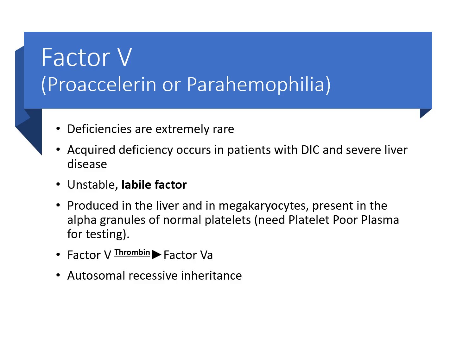And this is why we need platelet-poor plasma for testing, because we want to eliminate those platelet factors and just test the performance of the in vitro reagents compared to the factors that are present in just the plasma, not in the platelets as well.